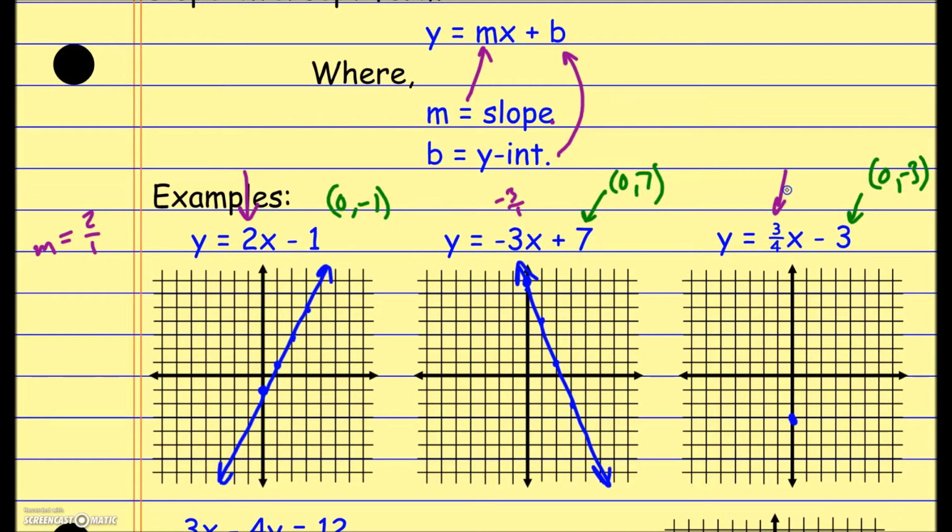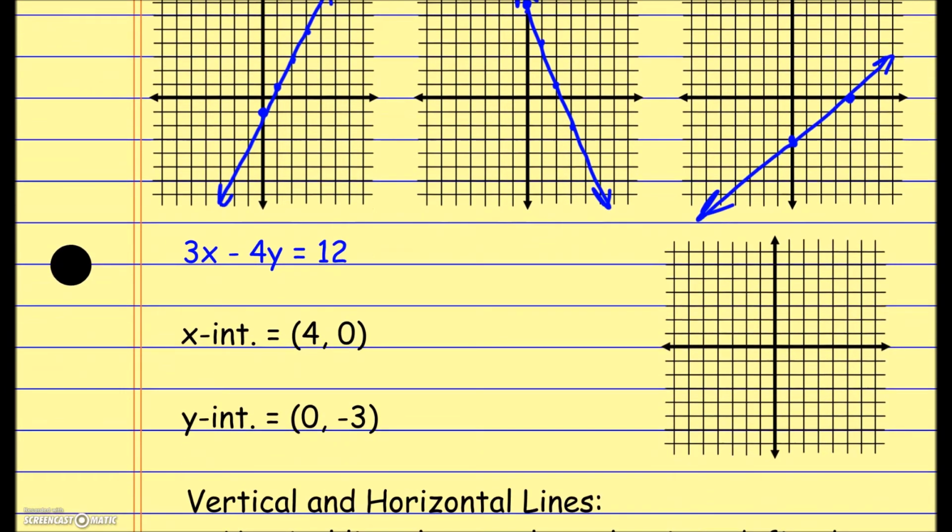So that means I go up 3/4, and then I can graph that line. So again, when it's not written as a fraction, you put it over 1, and then you can see your rise over run pretty easily.